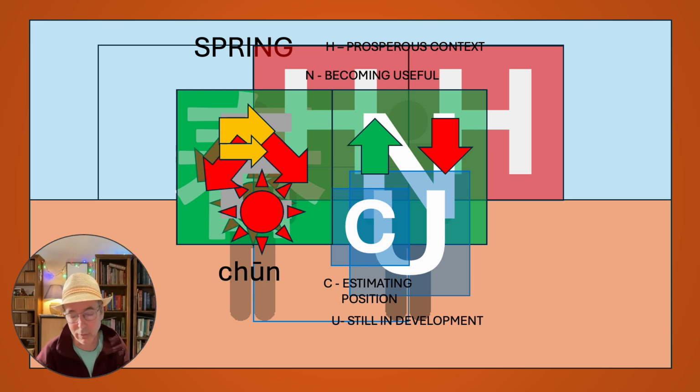The sounds that are associated should express the same thing, like the rising conditions from the sun towards that highlight should be there as well. So you have this C, estimating position of the things that are still in development and that actually also are becoming useful. And we have a prosperous context in the background. It becomes useful, it becomes more prosperous. That's what our attention goes to.